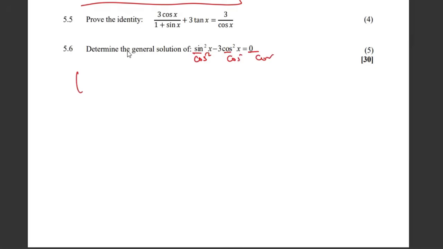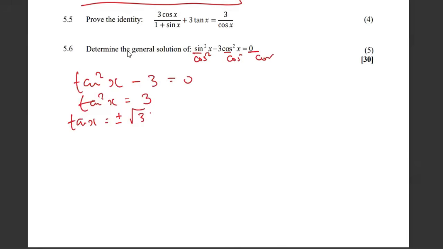So you're going to get tan squared x minus 3 is equal to 0. Move the 3 that side. Tan squared x is equivalent to 3. And then we need to find the square root on either side, meaning that tan x should be plus or minus root 3.